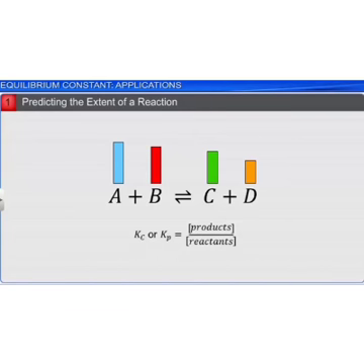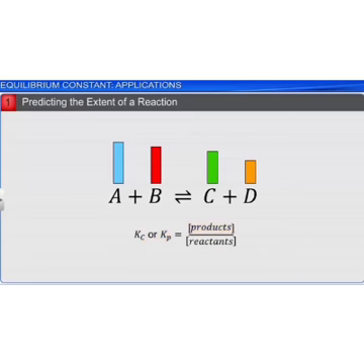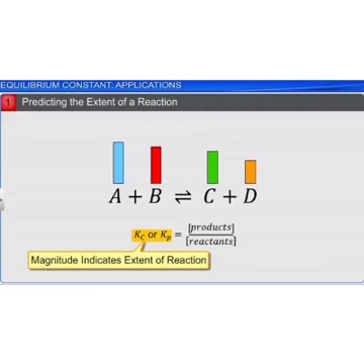Hence, a large value of an equilibrium constant indicates a high proportion of products to reactants, and vice versa. The magnitude of equilibrium constant, Kc or Kp, indicates the extent to which a reaction will proceed.